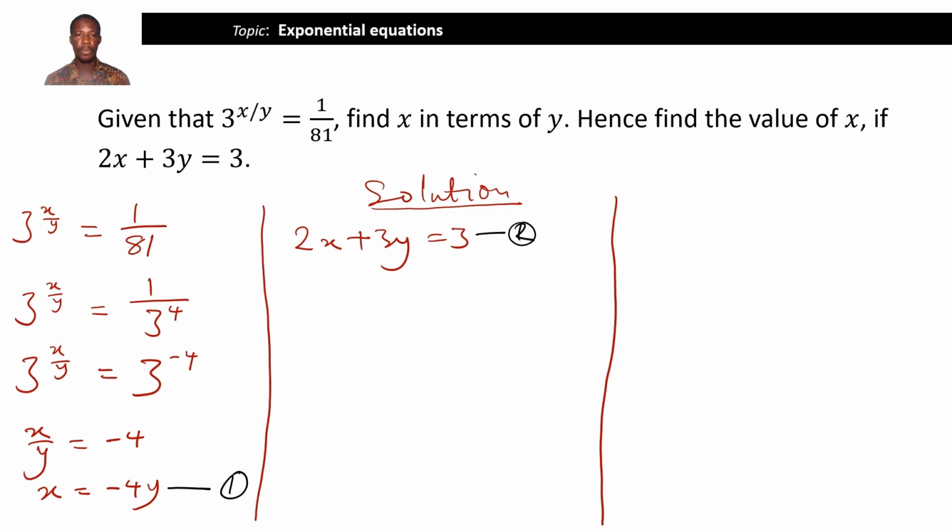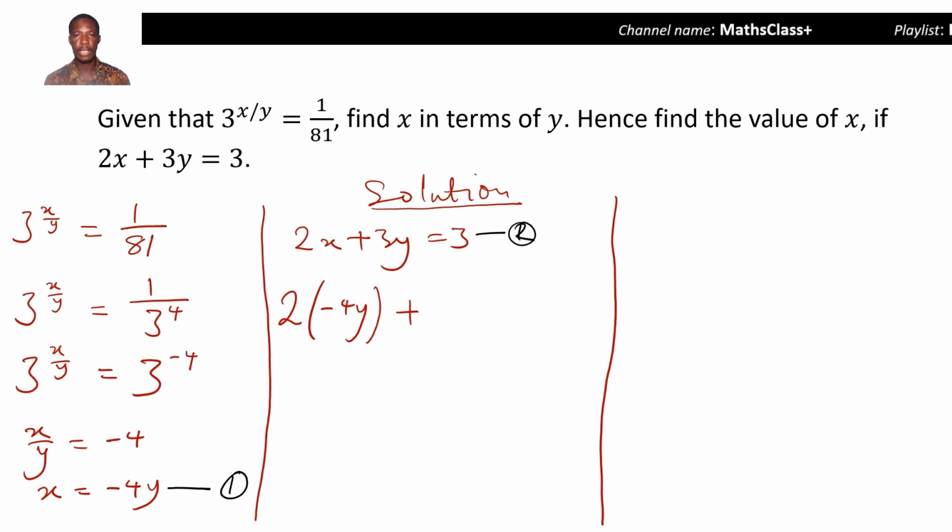Okay, so from equation 1, I have already expressed x in terms of y. So I'll substitute the value of x, which happens to be negative 4y, into equation 2. And if I do that, I'm getting 2, and then in place of x, I'll put negative 4y there.